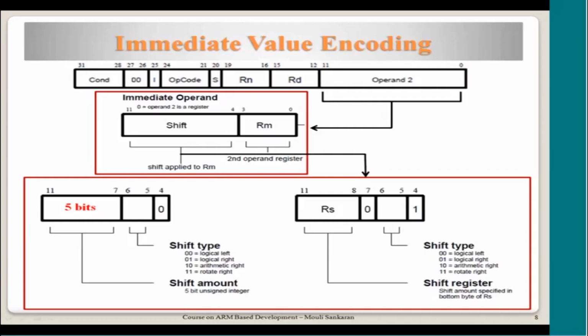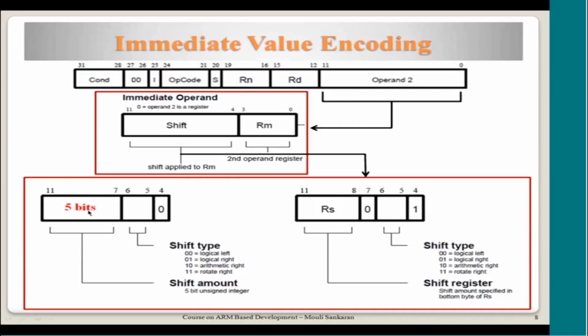One example I will tell you. Suppose RM happens to be 0. What does it mean? It's R0, that is, the content of R0 is taken. Now assume that these bit positions were 0 0, then a logical left shift has to be done, which means it will fill the rightmost bit positions with 0. Now assume that these 5 bits have a value of 2.